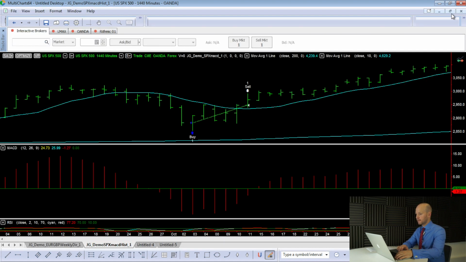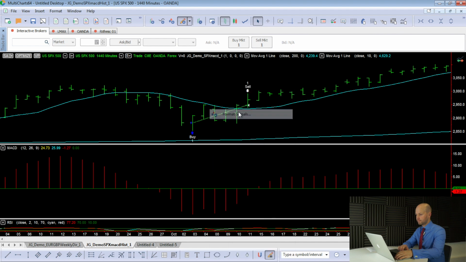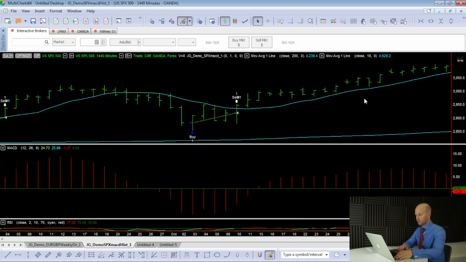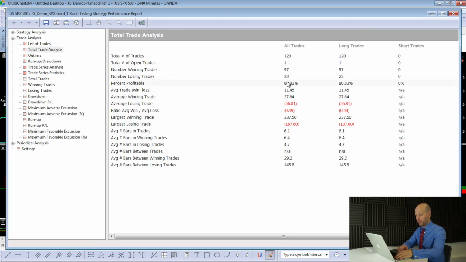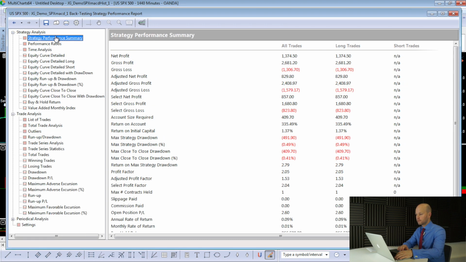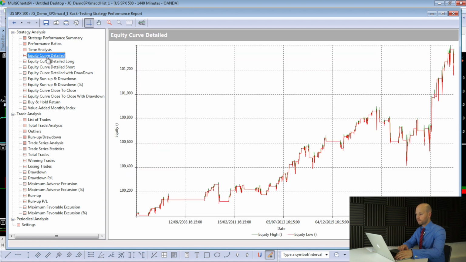Let's have a look at the next exit. Next one, one of my favourites, is the first profitable close. I expect this to have a higher winning percentage, which it has. It's profitable over 80% of the time, making much more money at 1,374 points in this one.